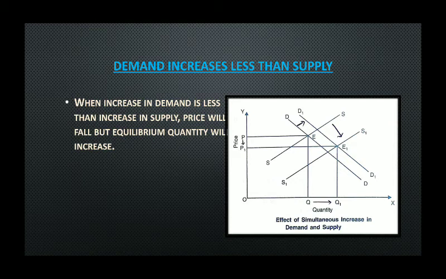In the diagram also you can see the arrows which show that quantity increases but price falls. So this is the second case. In the first case we saw price rise, in the second case we saw price fall. So what can be the third case? Yes, correct guess, it is constant price.